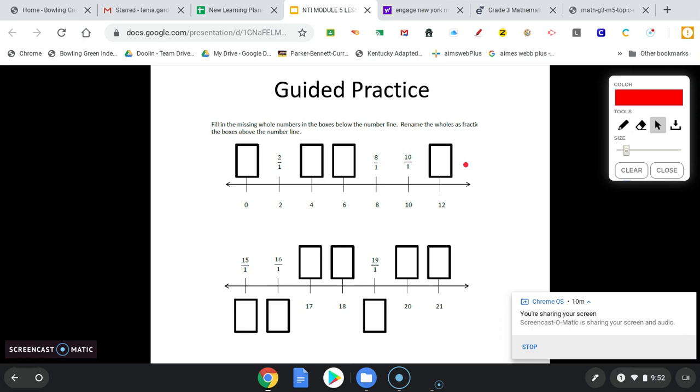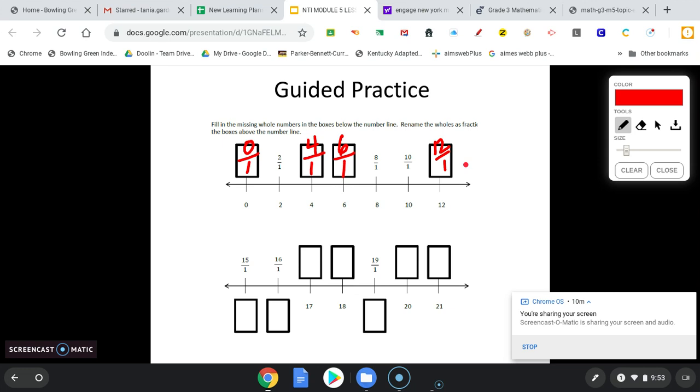Let's keep going. So now let's look at our number lines and let's fill in what is missing. Right here would be 0 wholes, 2 wholes, 4 wholes, 6 wholes, the 7's missing, 8 wholes, 10 wholes, and 12 wholes. So 12 over 1.